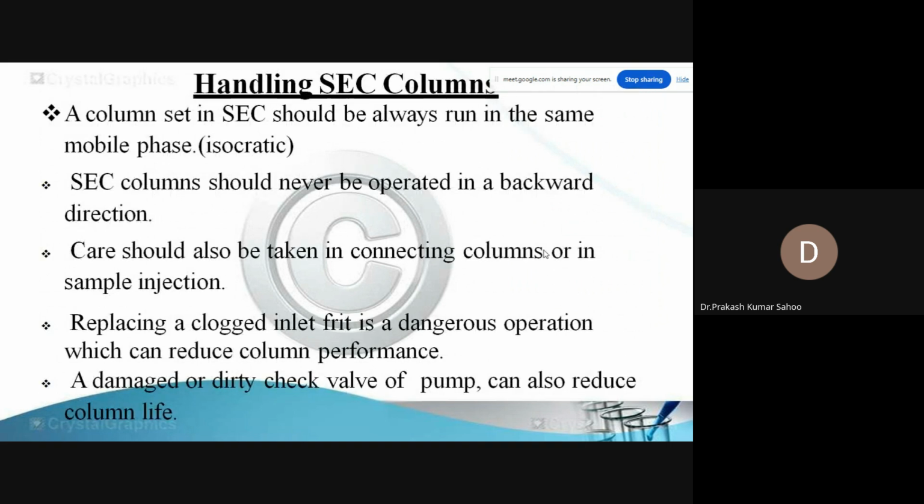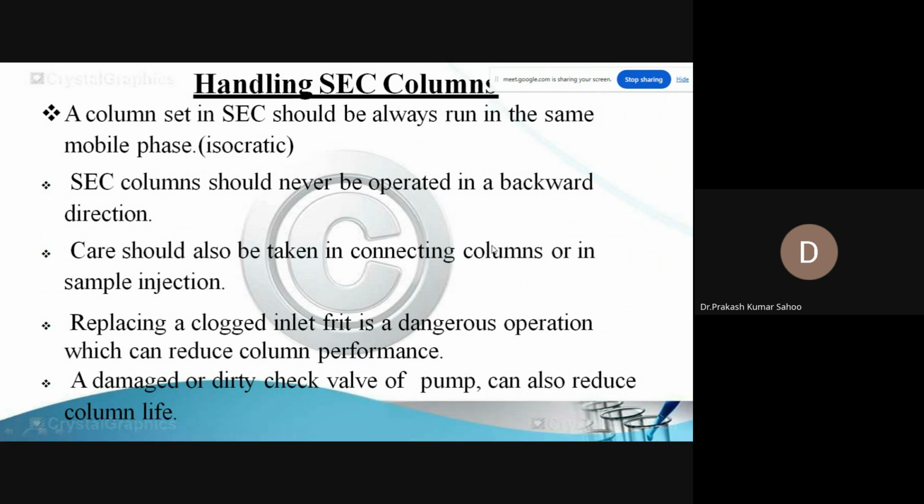So how is a size exclusion chromatography column handled? This is the handling of an SEC column. A column set in SEC should always be run in the same mobile phase, that is isocratic. An SEC column should never be operated in a backward direction; it should be from top to bottom, that is descending.